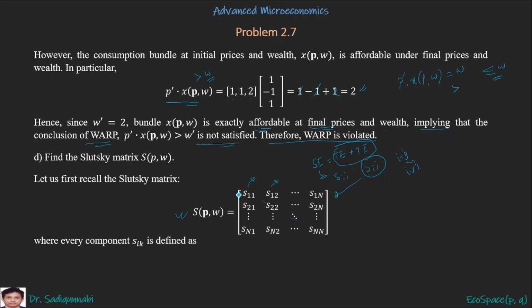So every component S_ik, or you can say S_ij, is defined by this Slutsky equation, and each element depends on the values of i and k. We are setting all the elements in this matrix, and because our L equals 3, we are getting a 3 by 3 matrix.